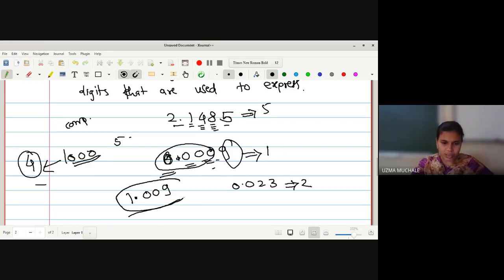But suppose it is of the form 1.009, so here after 1 it is having some numbers. In this case we can say it is having 4 significant digits. So here also after 1 it will have some zeros, hence we can say 4 significant digits. But if it is of the form 0.00 like this, we will count only the numbers.